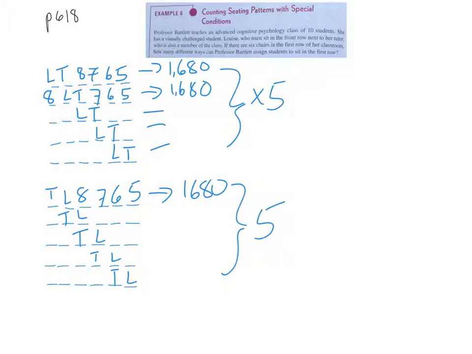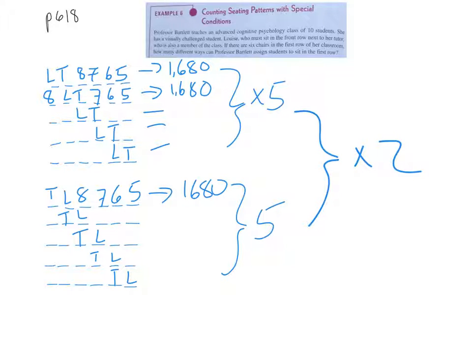It's this 1680 times 5 up here. 1680 times 5 ways to do it if Louise is on the left, 1680 times 5 ways to do it if Louise is on the right. So we're just going to take this number, 1680 times 5, and multiply it by 2.